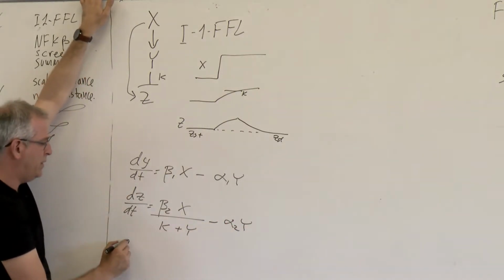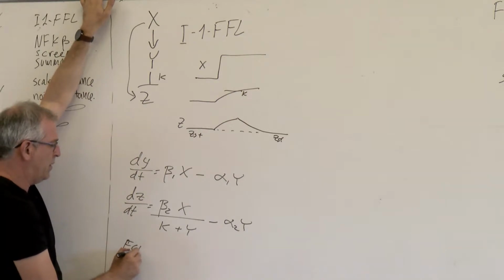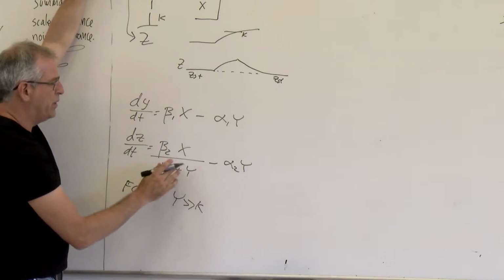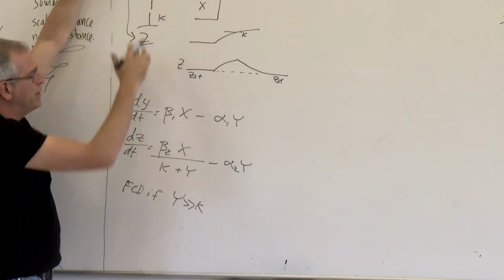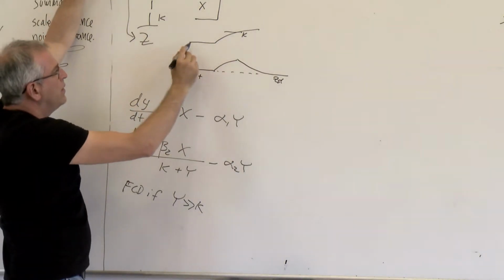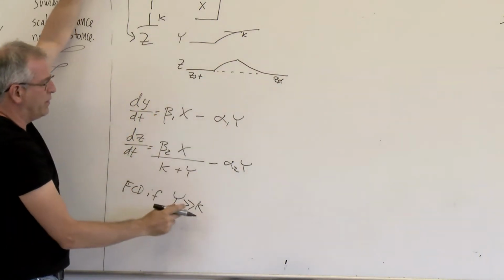And you get FCD if we're in a regime where y is much bigger than k. That is to say, when we're not at very low signal, but we already have some signal, and we have some y made. This is y, and it's much bigger than k.